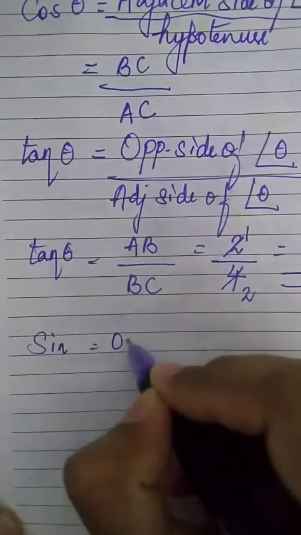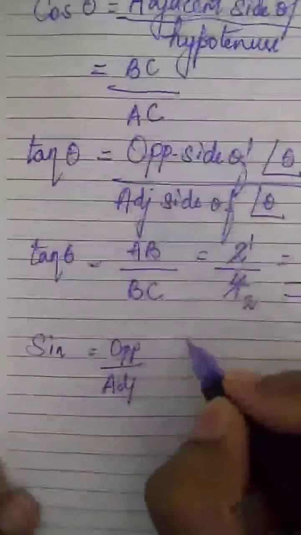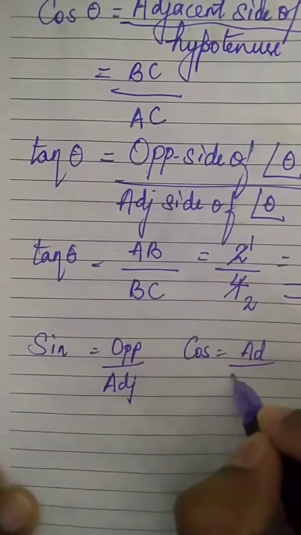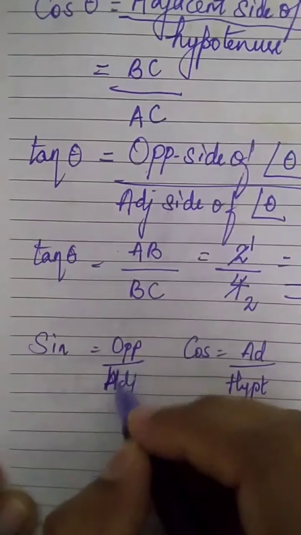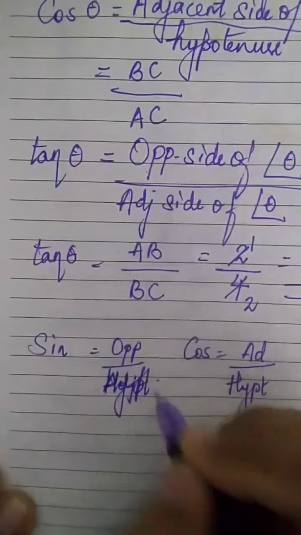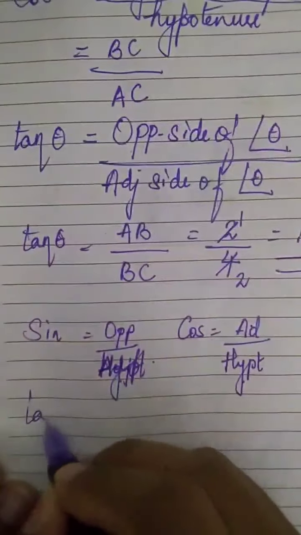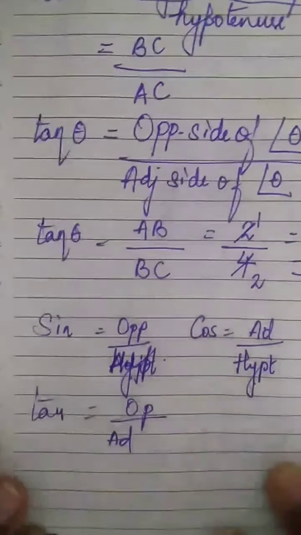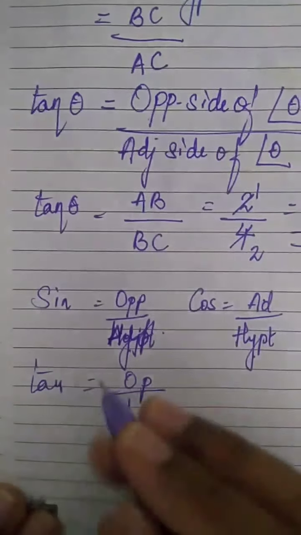Sin is opposite upon hypotenuse, cos is adjacent upon hypotenuse, and tan is opposite upon adjacent. You just remember it in this order.